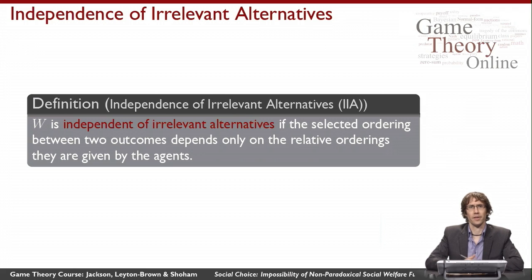A second thing we might want is what we call independence of irrelevant alternatives.